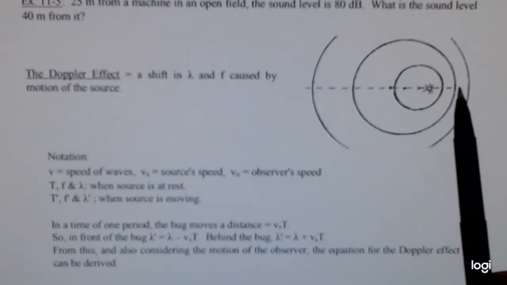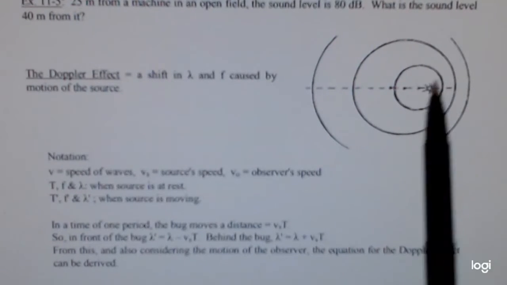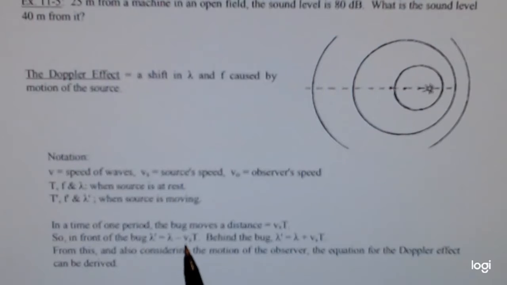So the wavelength in front gets shortened by the distance moved by the insect. So in front of the bug, lambda prime equals the unshifted wavelength minus this thing here. Behind the bug, the wavelength gets lengthened by an amount equal to the distance that the insect moved.